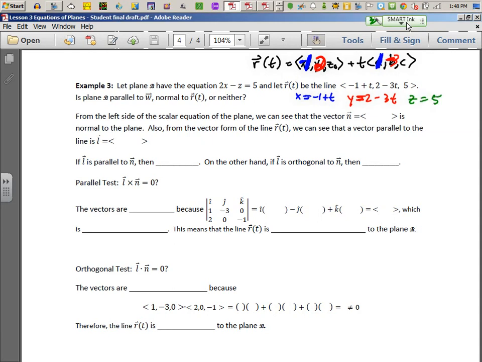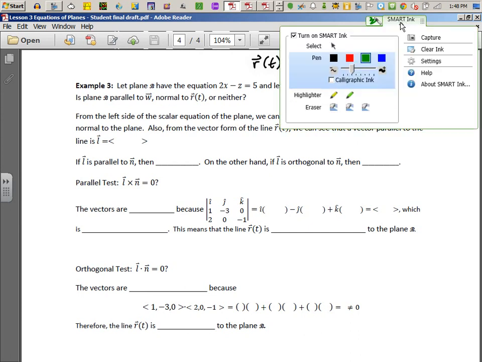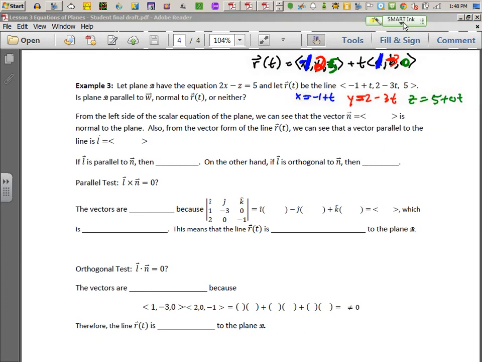So this would be a 5, and since 5 is like 5 plus nothing, this is a 0. So the equation of the line is basically (-1, 2, 5) plus t times (1, -3, 0). Does that make sense? So I looked at the parametric equations, these ones here. They were given, and I rewrote them back into vector form.